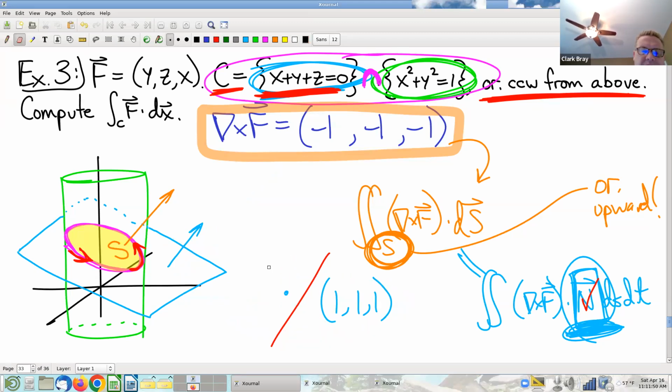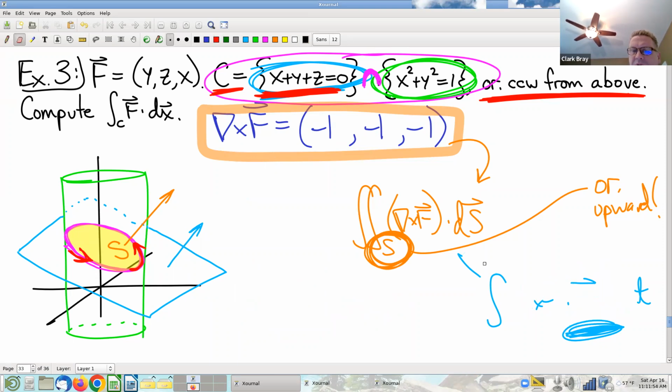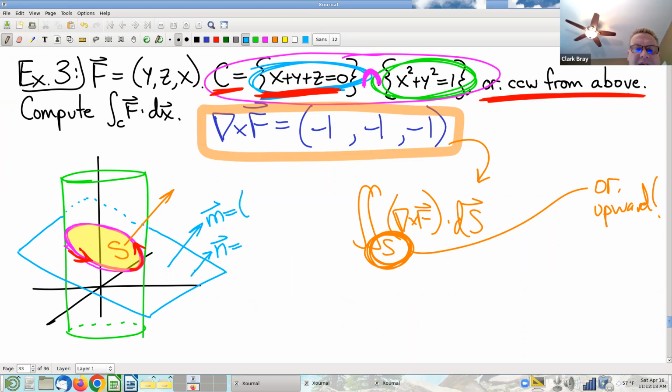So the next tempting thing to try to do would be to say, okay, well, look, I can't call this my parameterized normal vector, but I'm going to call it m because I want to reserve little n for being the unit normal. And this I can still say is 1, 1, 1. That's totally fine.